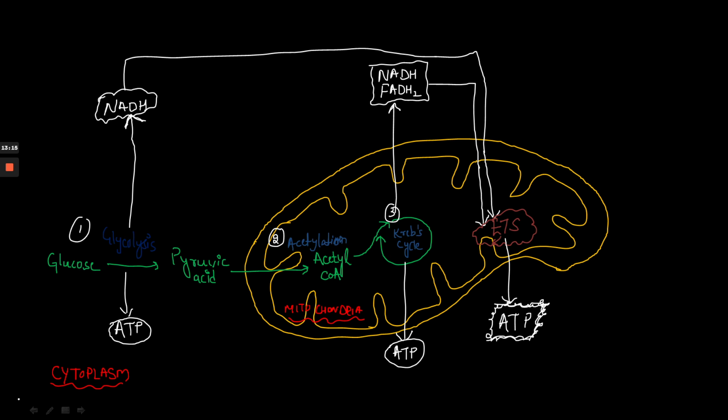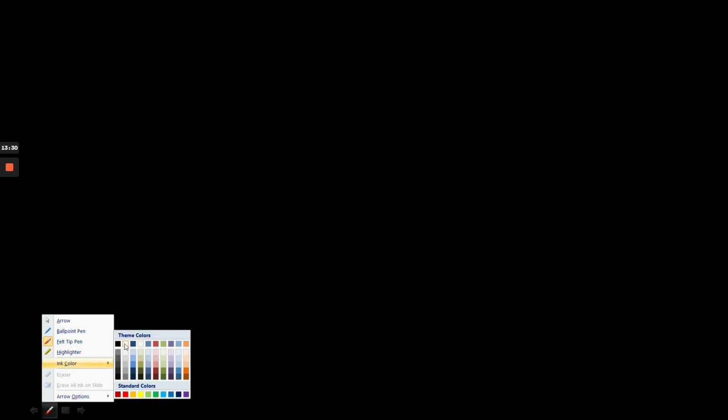Now, in order to proceed, you should first know that we are going to utilize ATP. Since the ultimate goal of respiration is to form ATP, the ATP formation is also known as phosphorylation.